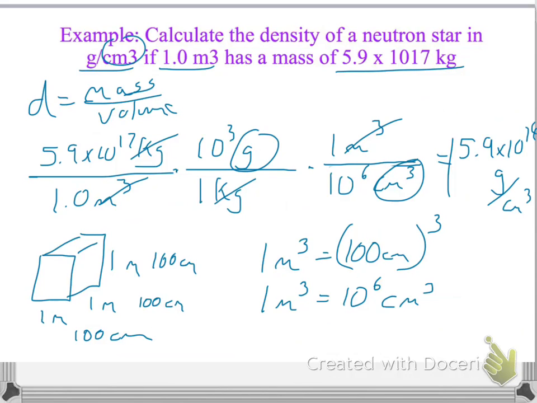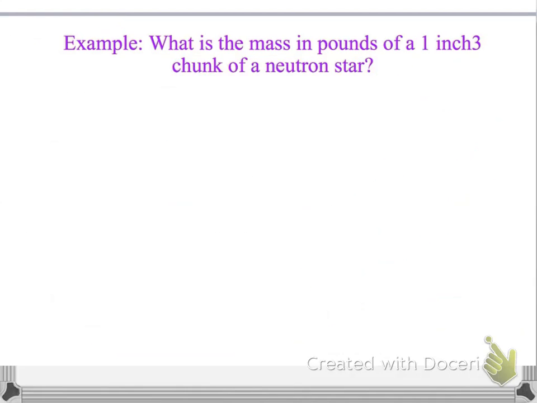Now, let's use this answer to solve the next problem. And the next problem is using that to find what is the mass in pounds of a 1 cubic inch chunk of a neutron star. So here's what we're going to be starting with, 1 inch cubed, and we need to know its mass.